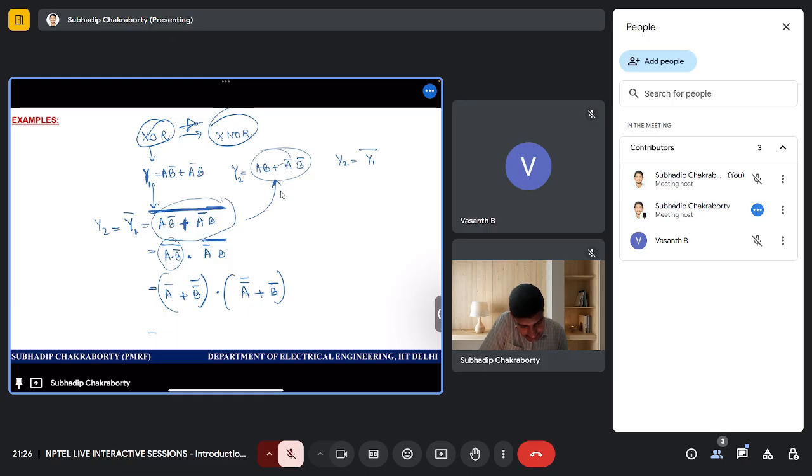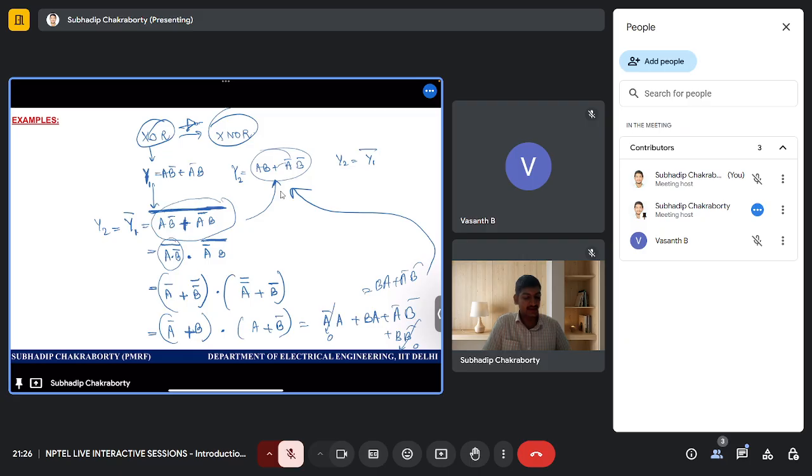Then it becomes A bar plus B, because double inversion of B is nothing but B, and A plus B bar, which is nothing but A bar A plus B A plus A bar B bar plus B B bar. B B bar and A bar A are 0, so you get back B A plus A bar B bar.